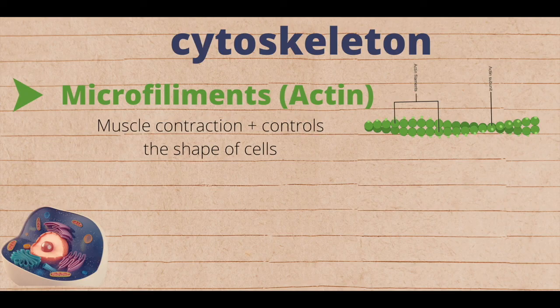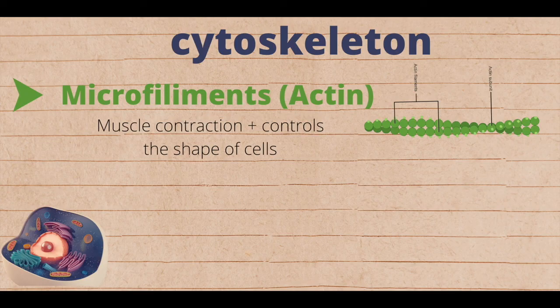So in the same way that actin helps this contraction, it also helps a single cell kind of contract in a way. So let's just say if a cell needs to be split into two or split apart, actin is going to kind of go around it and constrict it, kind of like a waist trainer, basically. It's going to constrict it so tight and squeeze it so tight that it's going to make the cell split into two.